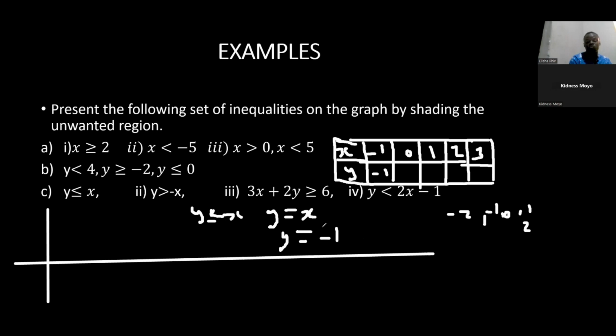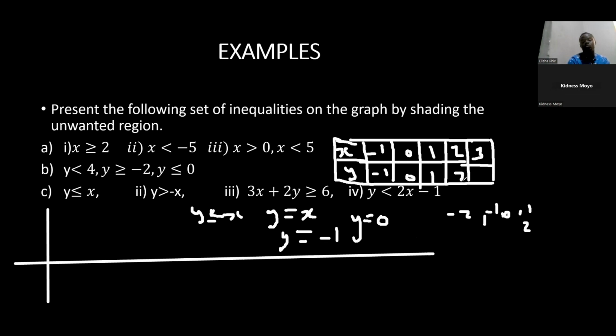What if we substitute x with 0? Then y will equal 0. x and y are equal, so whatever value I pick for x, that will be the value of y. If x is equal to 1, y will be 1.